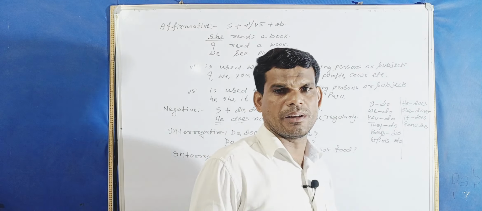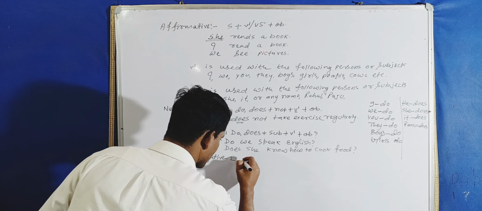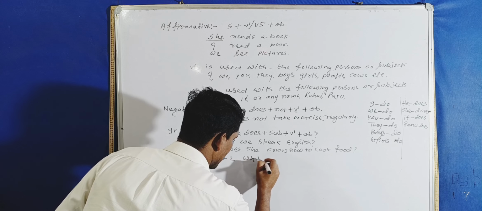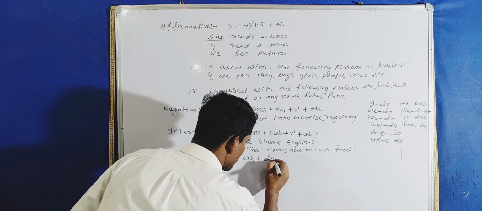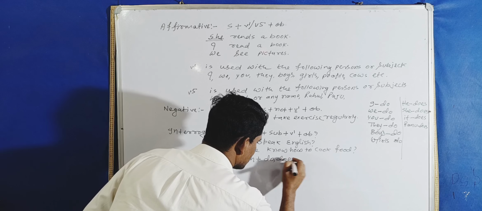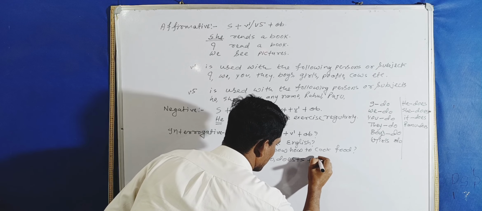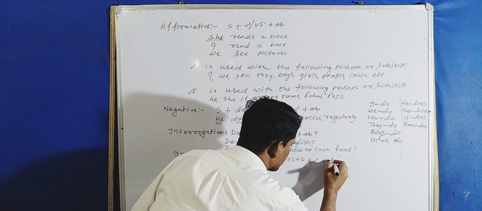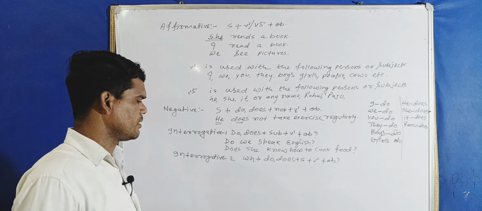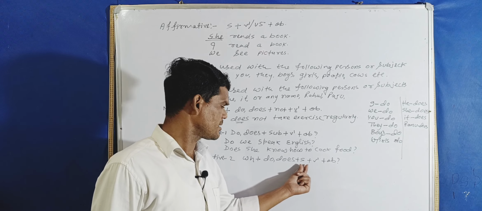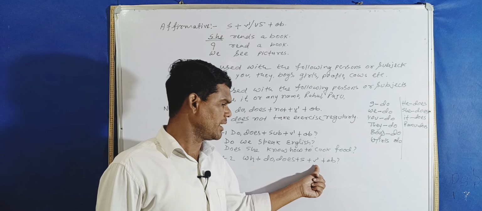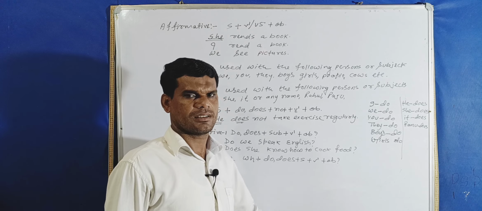Its structure will be: WH question, according to the subject do or does, and then the subject, and then verb 1, and then object. WH questions, do and does, plus subject, plus verb 1 and object.